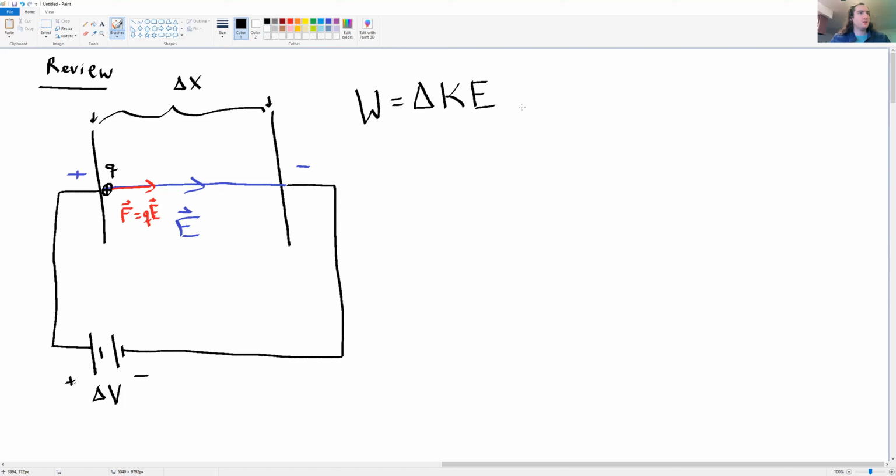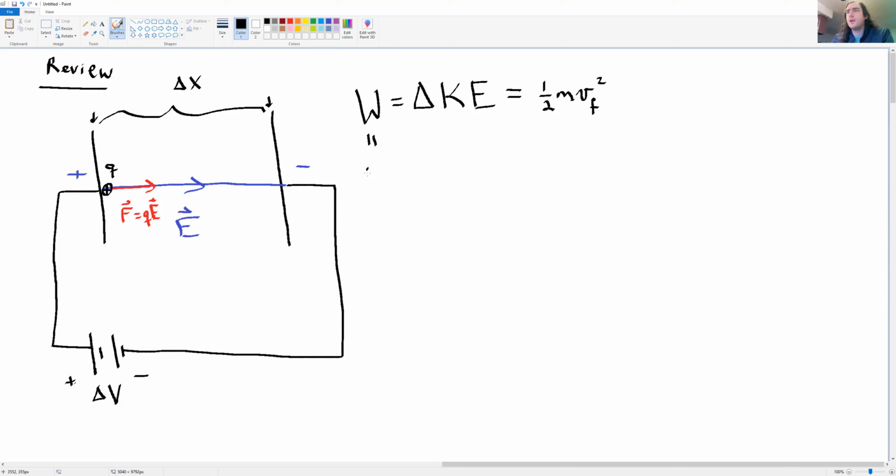The work energy theorem: the amount of work done on that charge is equal to its change in kinetic energy. If it starts off with no kinetic energy, if the initial velocity is 0, then we're going to have 1/2 m v final squared for its final kinetic energy, so that's going to be the change.